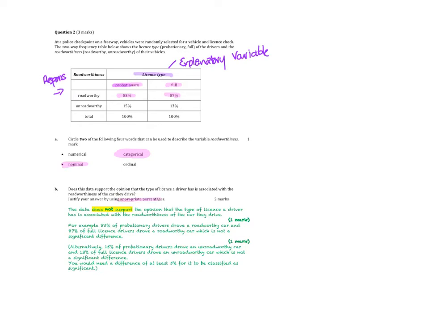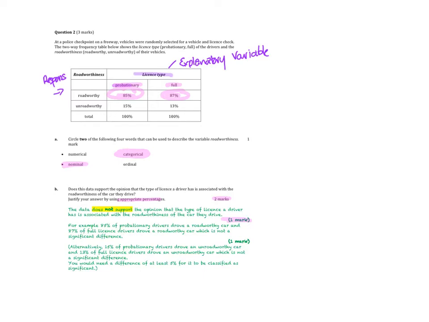So it was a 2-mark question. Here I've shown you the examiner's report and how they decided to mark the kids. So the data does not support. Once you say that it doesn't support, you have to say yes or no. And because they're similar, remember they're 85 and 87, it's not supporting it.